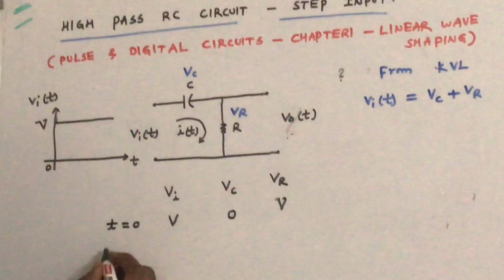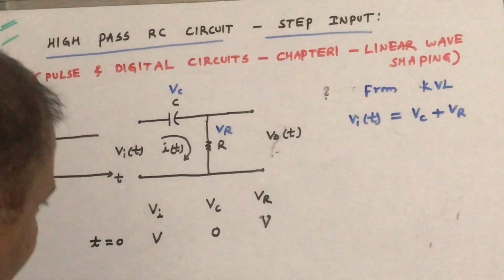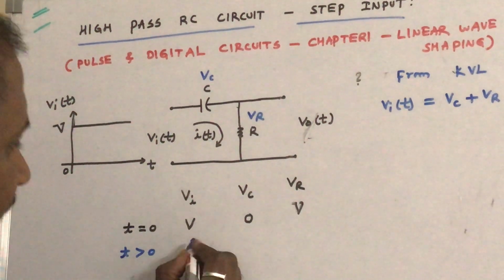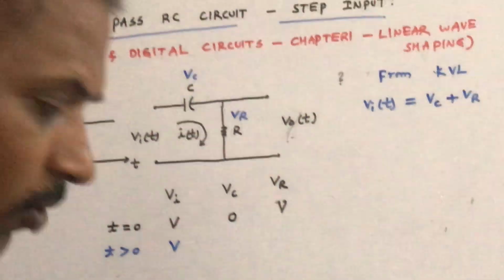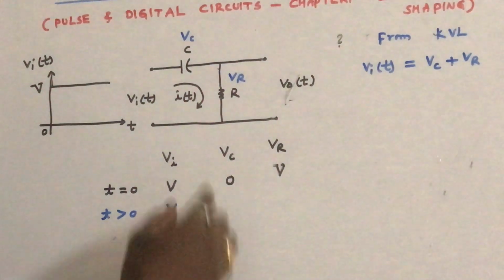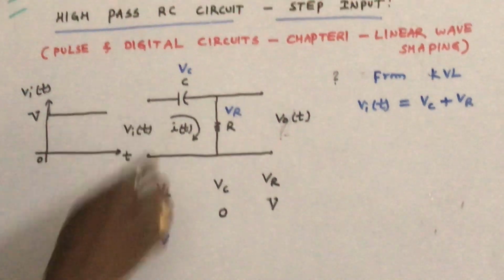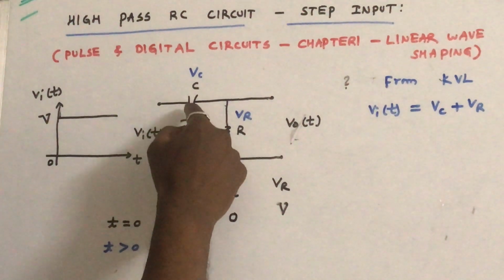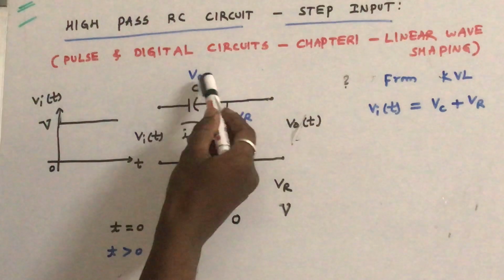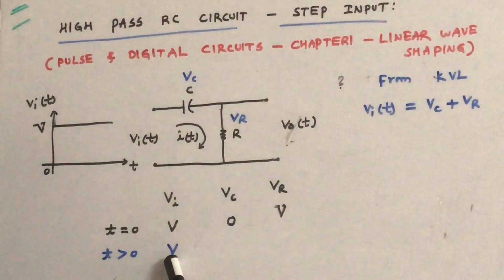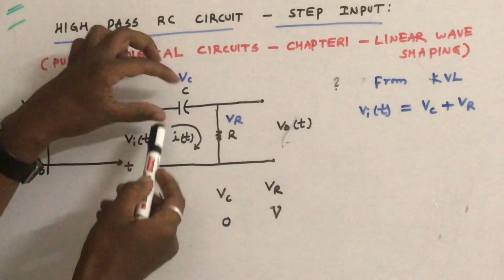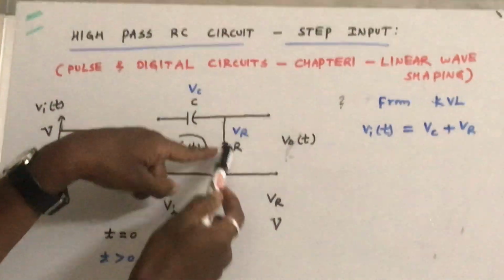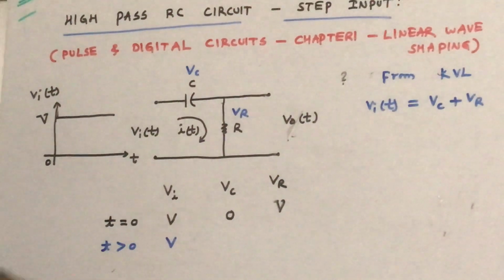Now let us see what will happen at t greater than 0. At t greater than 0, the input voltage is always the constant voltage that we have applied. Once we apply a voltage V, the capacitor starts charging exponentially towards V. Since the capacitor starts charging exponentially towards V, the voltage across the resistor starts decreasing exponentially.